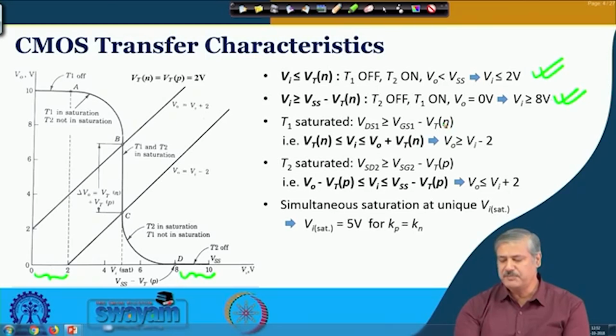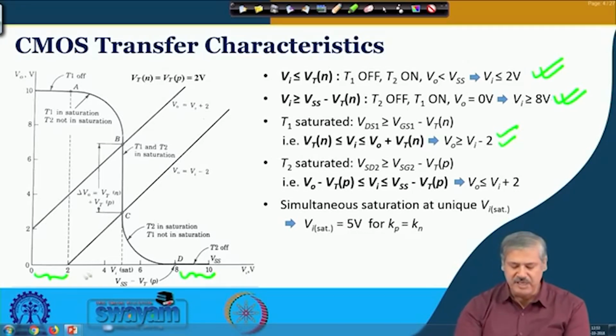So in this particular case, when you map it to the corresponding voltages, V0 is your VDS and VGS is your Vi, and 2 volt is the threshold voltage that we have considered for the NMOS, also for the PMOS. So when V0 is greater than Vi minus 2, the saturation for T1 occurs.